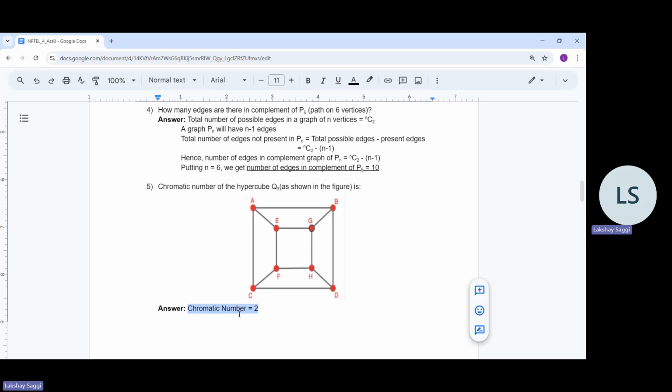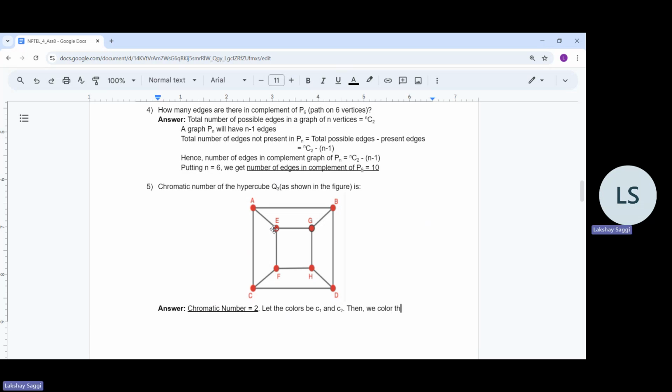It is trivial to get a lower bound of 2, as we have discussed earlier, that the two endpoints of every edge should have different colors, so we always need at least 2 colors. And now I'll show how we can color this graph using 2 colors. Let's say the colors are C1 and C2.